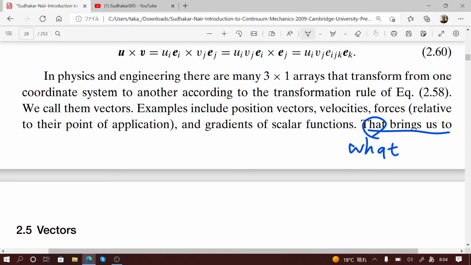The numerical value of the function at a point obtained from psi prime of x1 prime, x2 prime, x3 prime or psi of x1, x2, x3 will be the same.